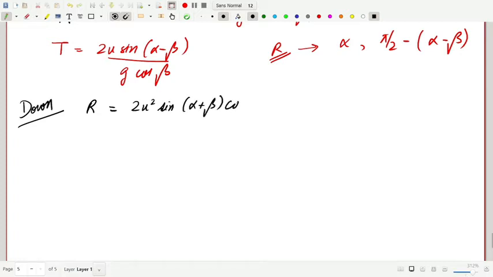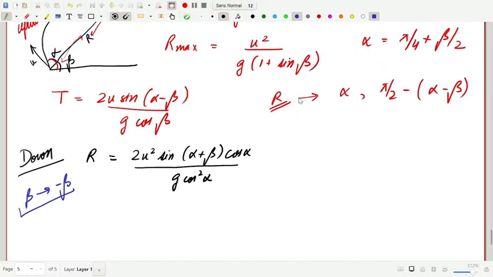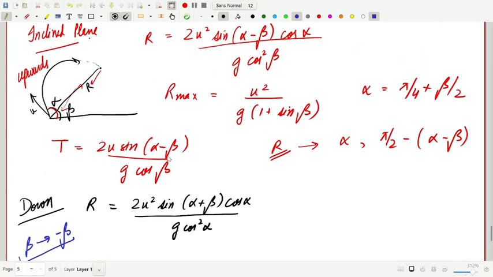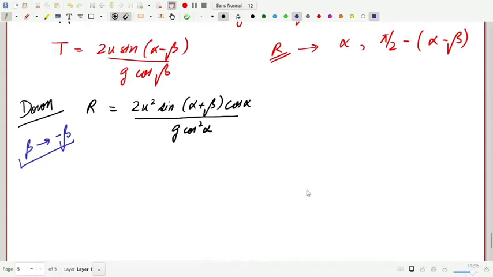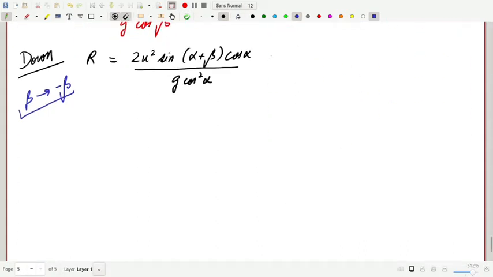Now for the inclined plane down, projection down the inclined plane, range r is equal to 2u square sin alpha plus beta cos alpha over g cos square beta. In the down case, just change beta to minus beta, and the same formulas will apply. In the upwards case, change beta to minus beta.